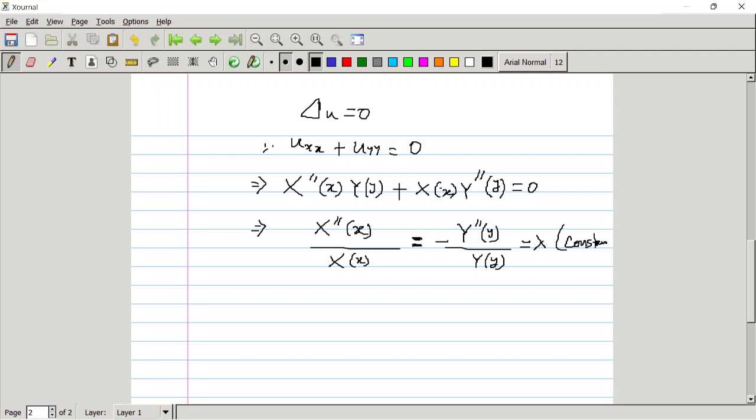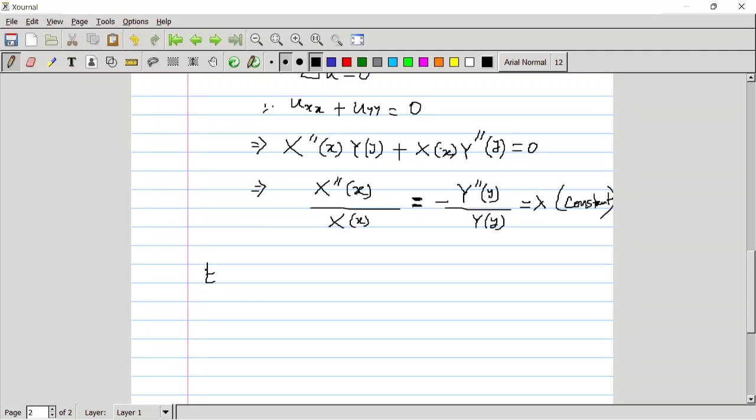Because left hand side is a function of x, right hand side is a function of y, and x and y both are independent variables. So if a function of x is equal to some function of y, the only possibility is that it is equal to a constant. That is, function of x equal to same constant, function of y equal to same constant. Okay, did you get my point?